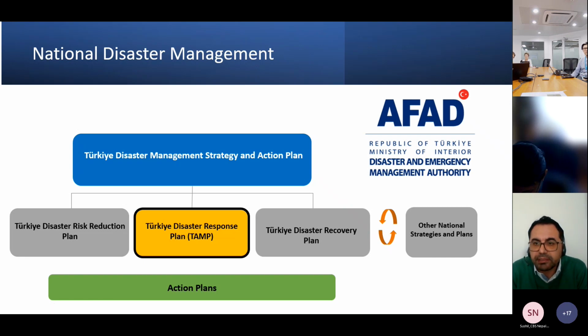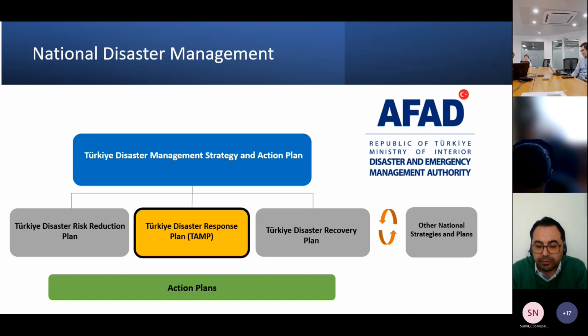AFAD is the Disaster and Emergency Management Authority in Turkey, and it was established in 2009. It aims to prevent disasters and minimize disaster-related damage.